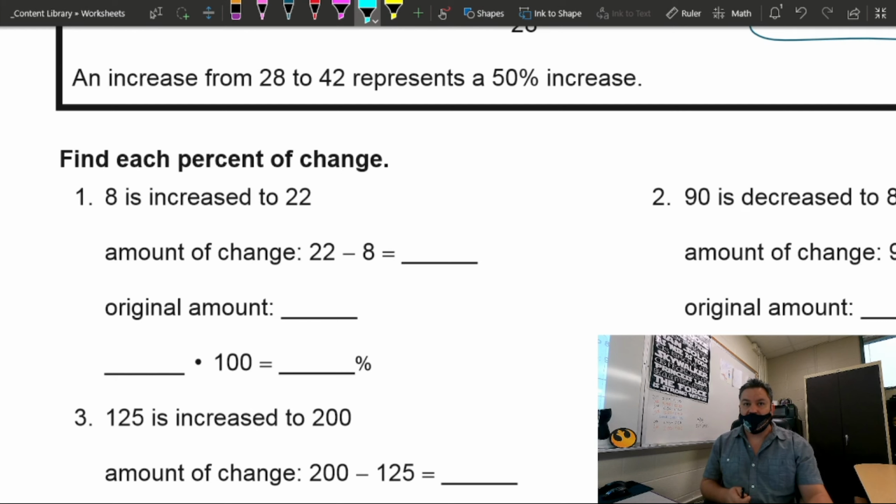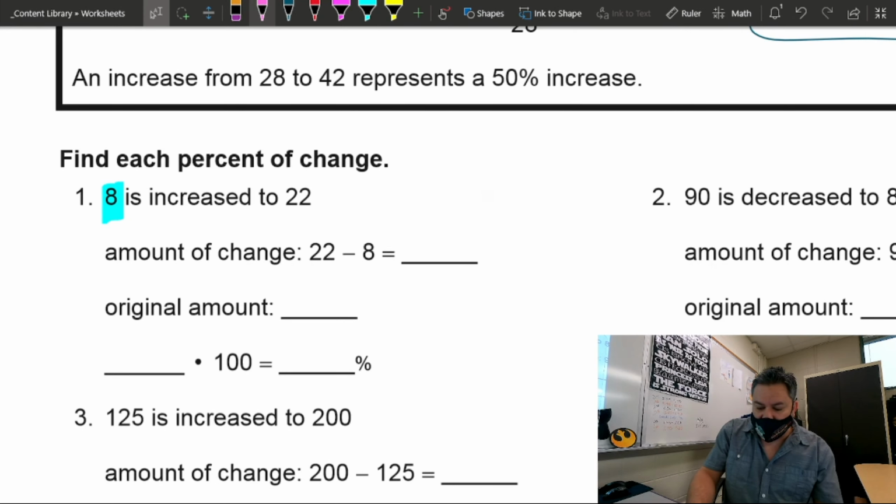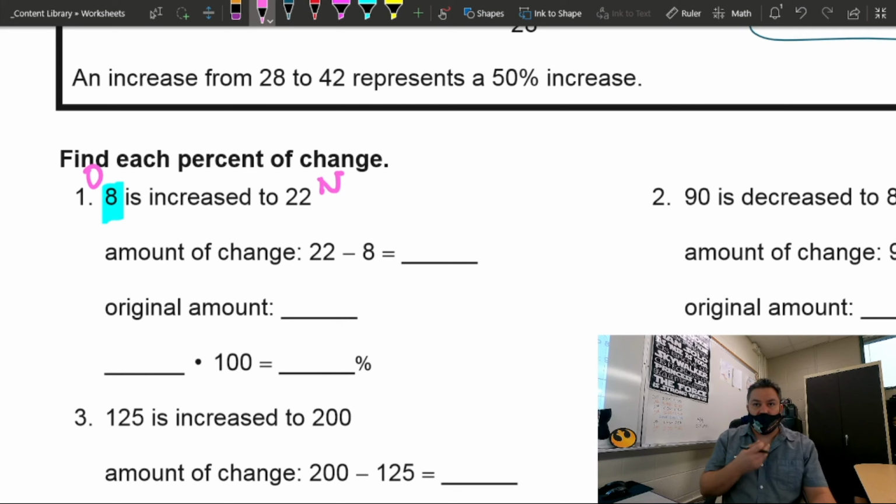Not necessarily. Look at what is changing. Look at the word problem. It says 8 is increased to 22. So the number that actually changed was the number 8. So 8 is going to be my original, and you can make a note over here: original. Then 22 is going to be my new number, my new amount.